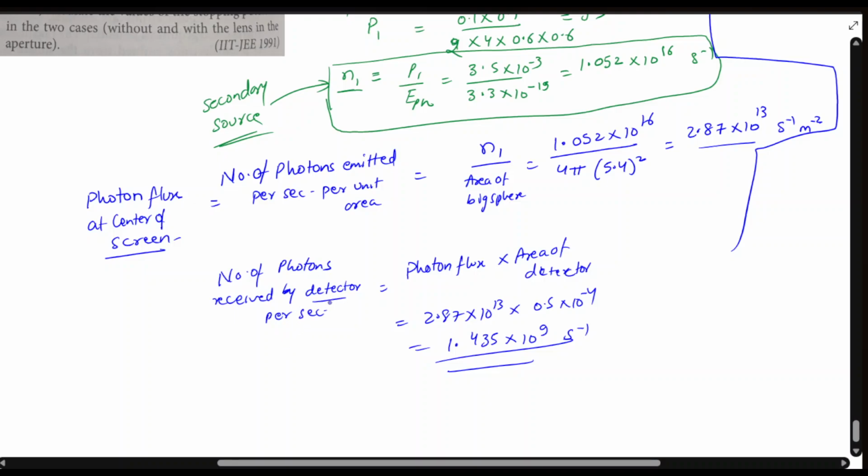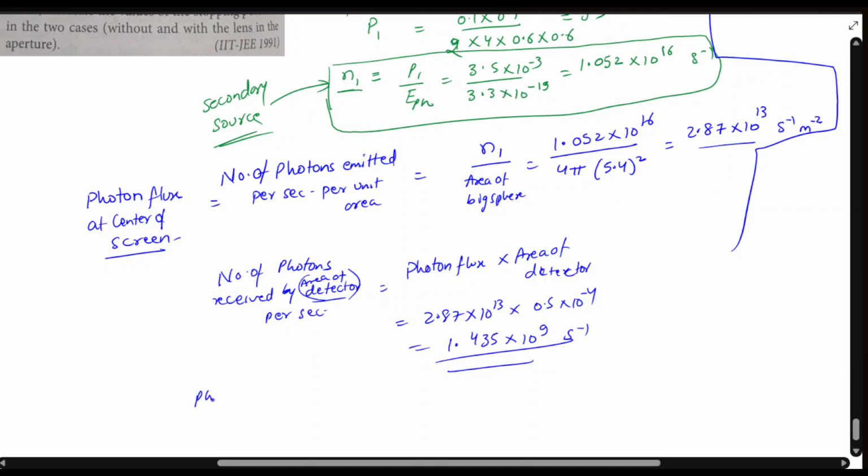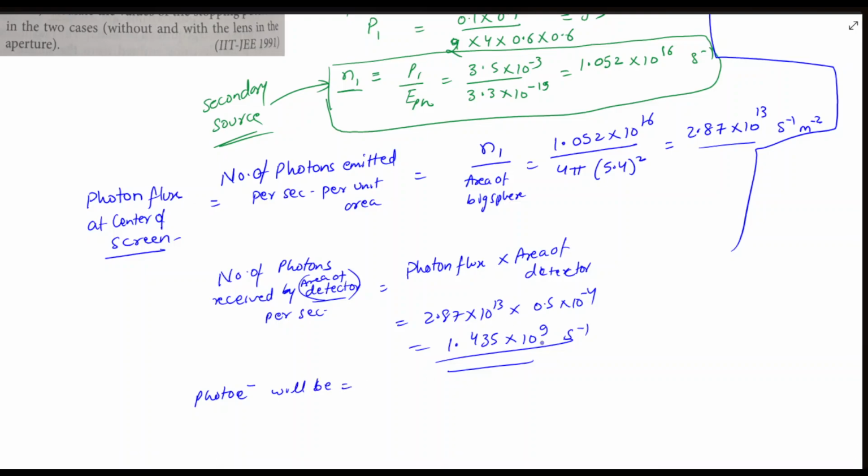To be precise, these are the number of photons received by the area of detector. Now due to these photons, the ejected photoelectrons will be how much? 0.9 times of this.